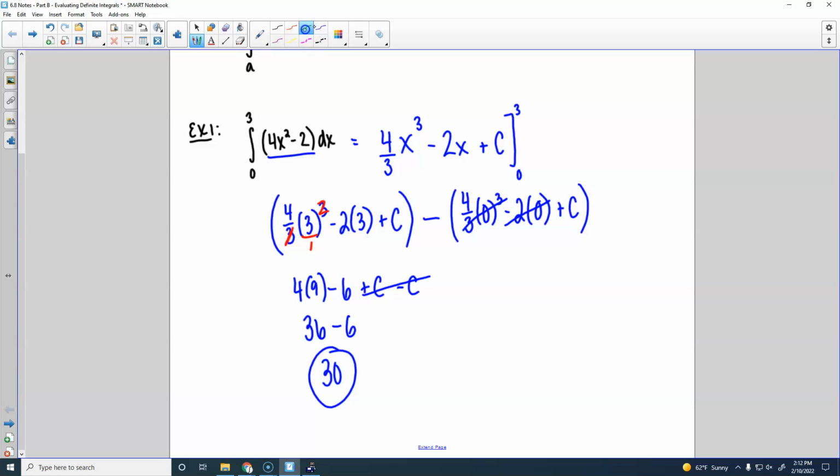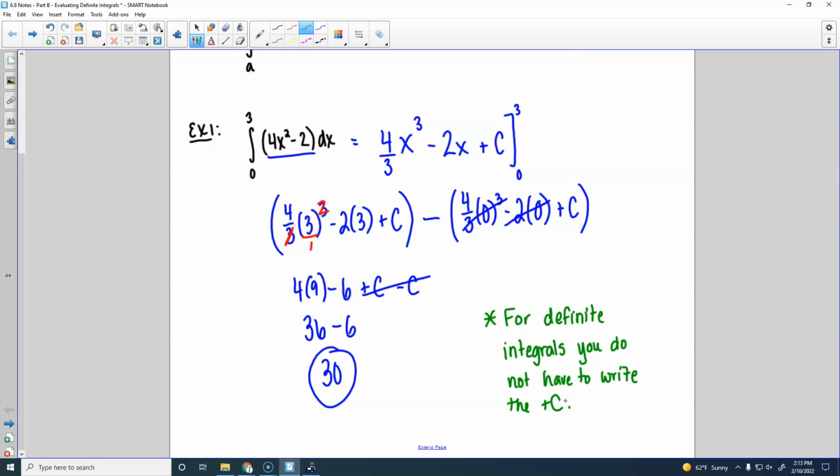So for definite integrals, you do not have to write the plus c, because it will always cancel out.